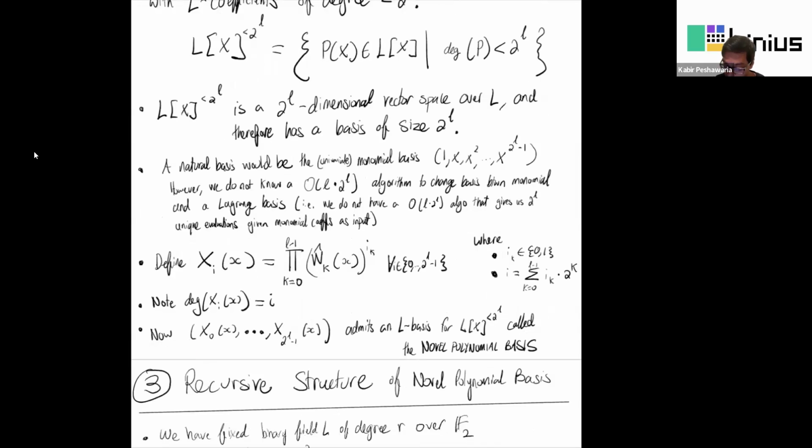And now I have this thing, which admits an L basis for this polynomial ring. L basis means that every polynomial in this ring, degree bound strictly less than 2 to the little l with L coefficients, can be written as a unique linear combination of these polynomials where the linear combination coefficients come from L.